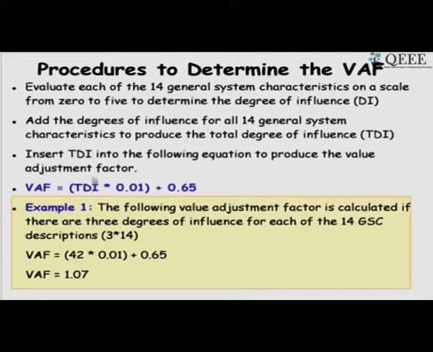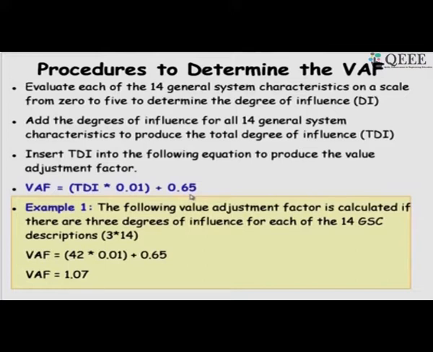Just see that there are 14 parameters, and if we make all of them 0, then the total degree of influence will be 0, and the factor will be just 0.65. So, we will scale down the unadjusted function point, UFP, that we have computed by 35%. It will become 0.65 of what we computed.